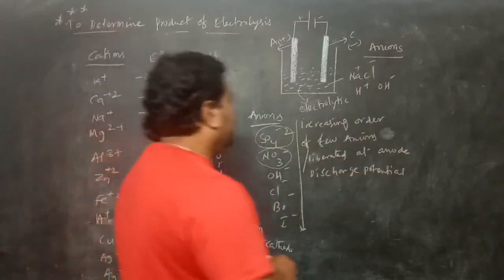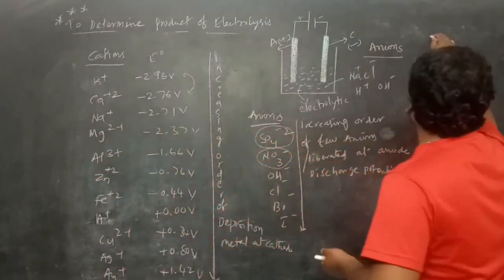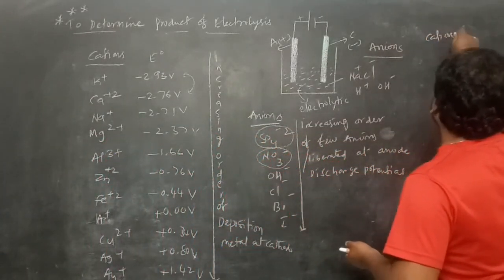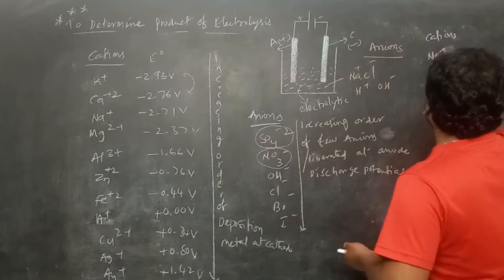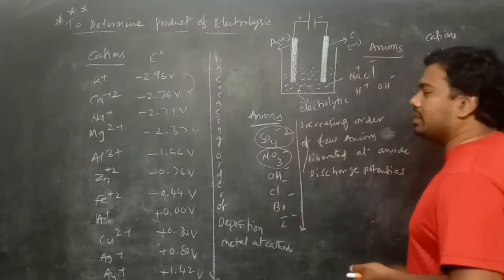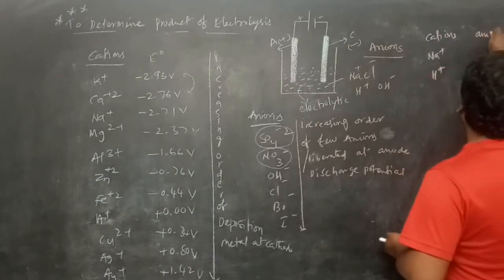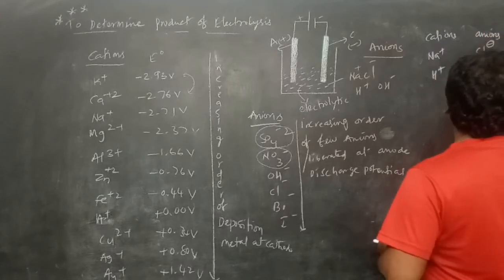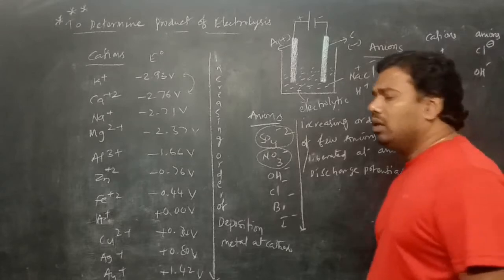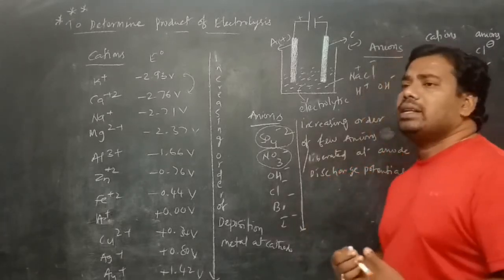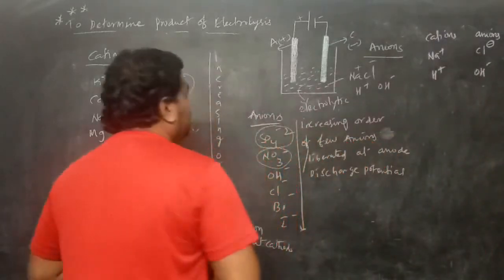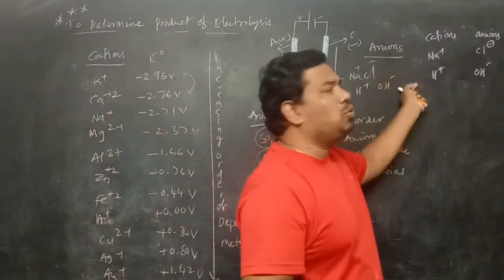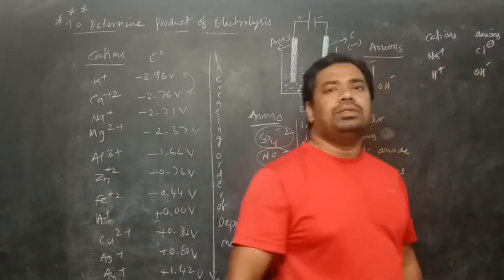So here we have two cations, Na+ and H+, and two anions, Cl- and OH-. So there is competition between the two cations and between the two anions.